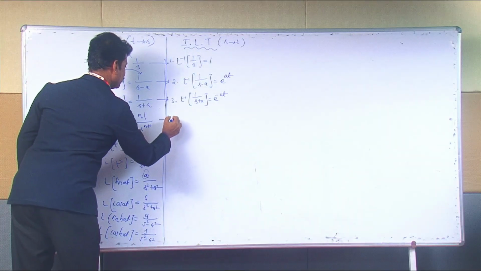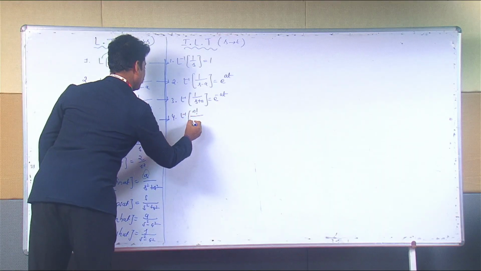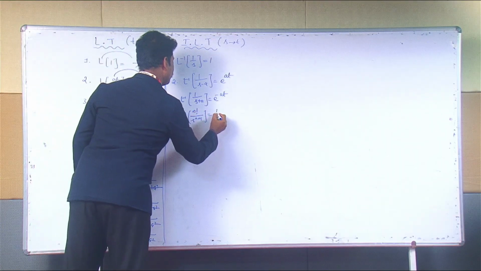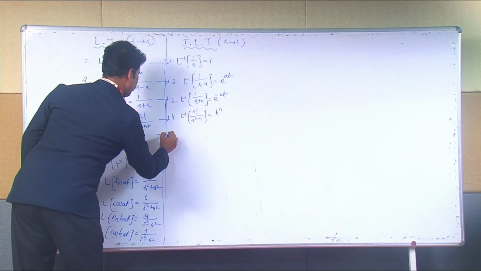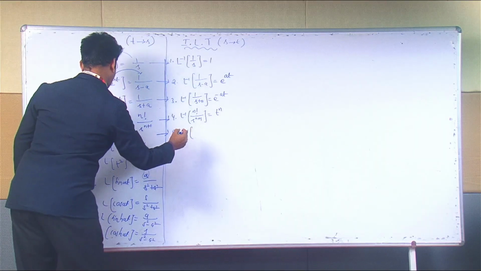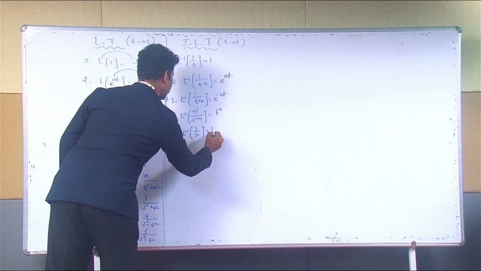And fourth one is L inverse of n factorial divided by s power n plus 1 equals, what is the answer? t power n. And fifth one is L inverse of 1 by s square equals t.